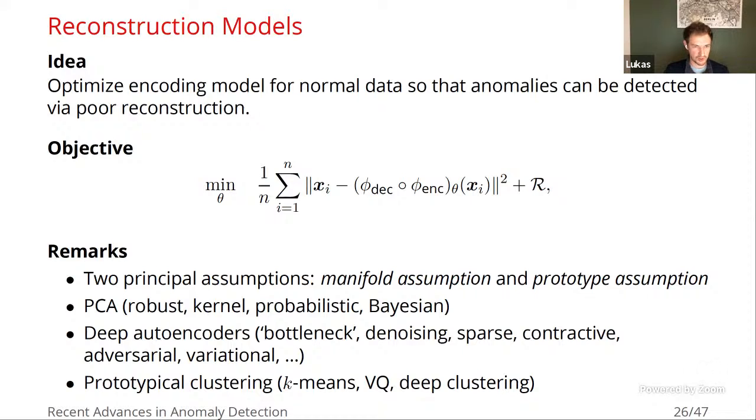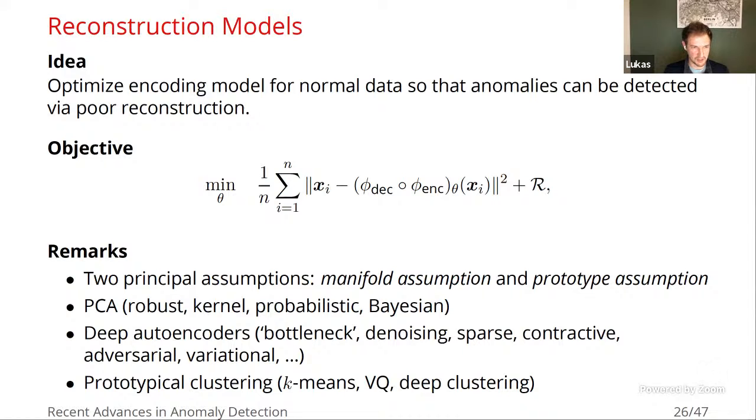Then deep autoencoders of various flavors, which are the dominant type of model that is found in the deep anomaly detection literature, where one can incorporate some manifold assumption into the model, so mapping or embedding the data on some low dimensional space.